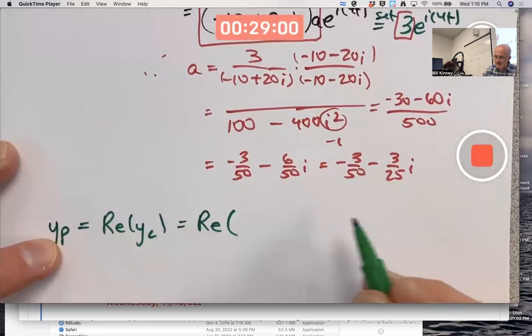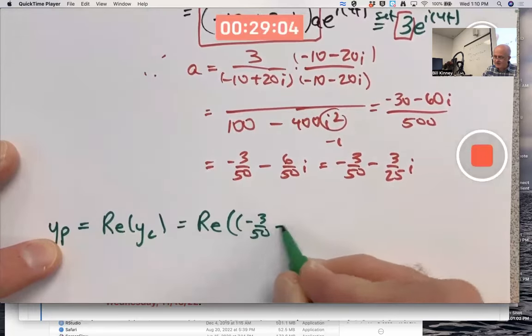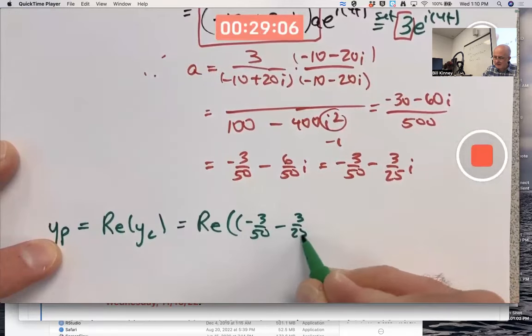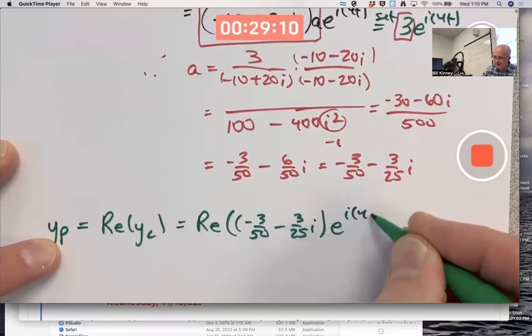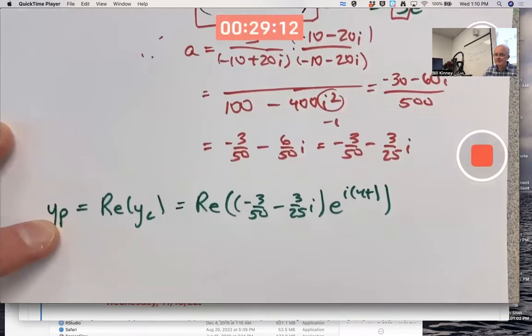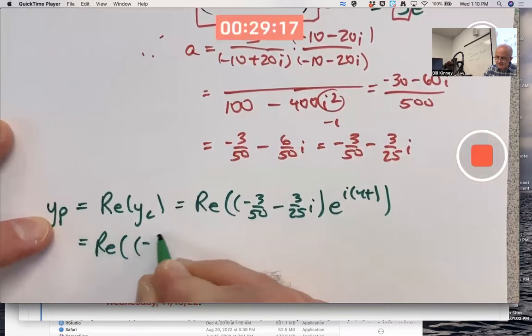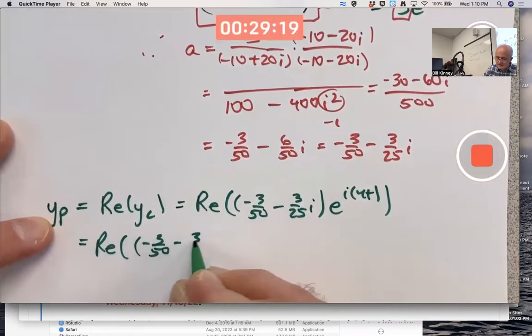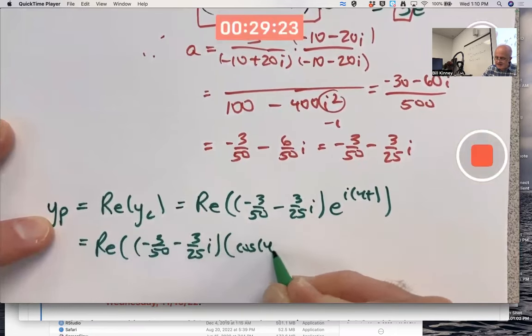Real part of, go ahead and plug in the A that we just found. Then multiply by e to the i times 4t power. I've got to expand it though, I'm not done. Use Euler's identity.